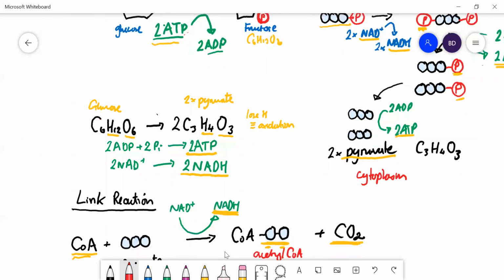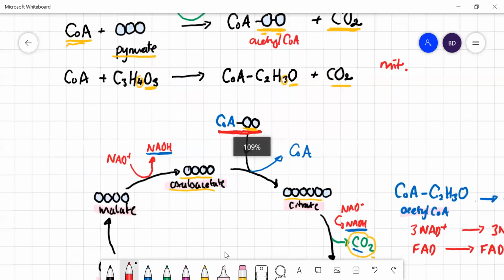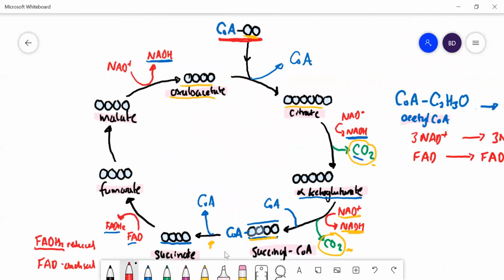The pyruvate gets transported into the mitochondria by a special membrane carrier, and the link reaction then occurs in the mitochondria, and the citric acid cycle also occurs in the mitochondria. Okay.